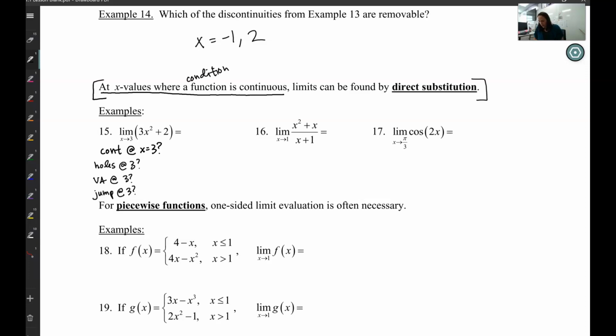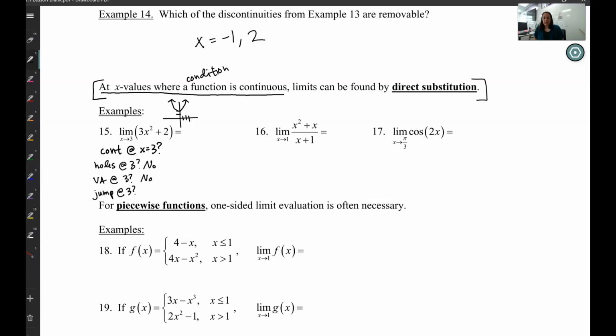So think of 3x squared plus 2. That's going to be a parabola moved up 2, made skinny. If I look at 1, 2, 3, and in fact, if I look at this whole graph, are there any holes in this parabola? Nope. Any asymptotes in this parabola? Nope.